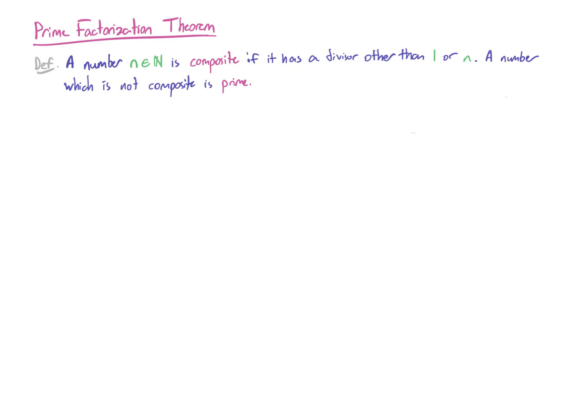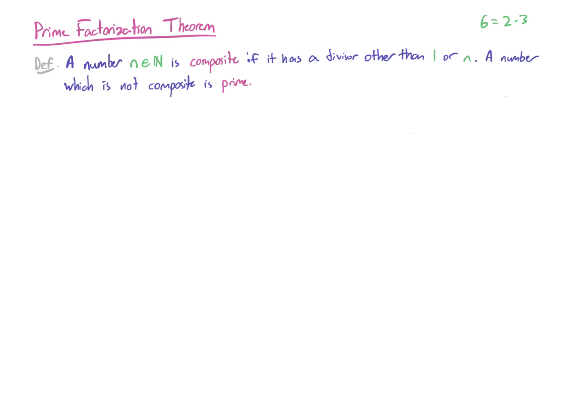A natural number, n, is called composite if it has a divisor other than 1 or n itself, and a number which is not composite is called prime. When you think about what numbers you can create by multiplying other numbers together, 6 is a composite number because I can create it by multiplying two numbers together, 2 and 3, neither of which are 1 or 6. So that's a proof that 6 is composite.